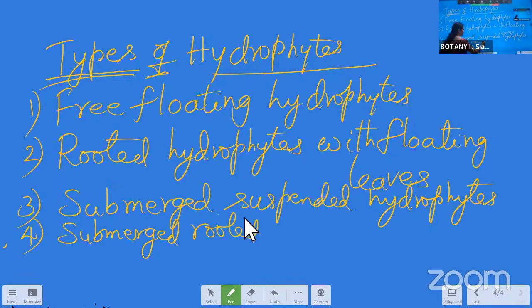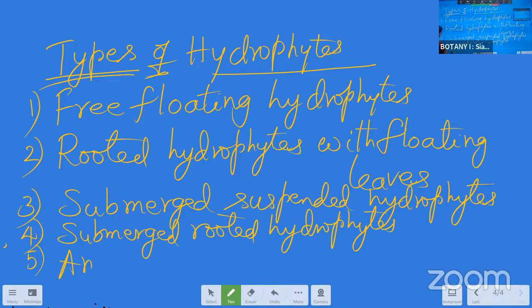And the last one, the fifth type of hydrophyte, is the amphibious plants. These are the 5 different types of hydrophytes.